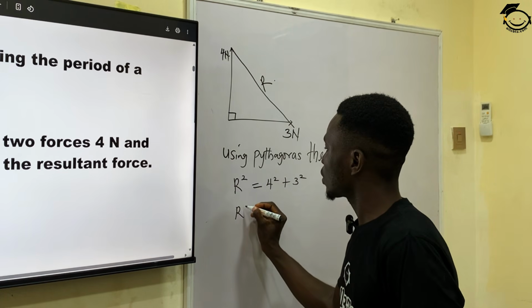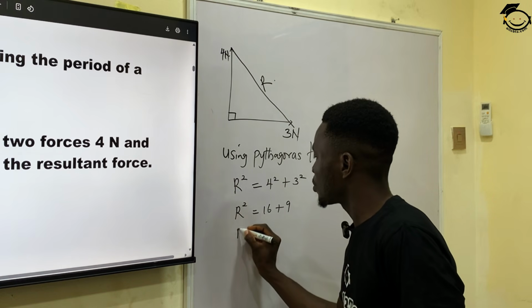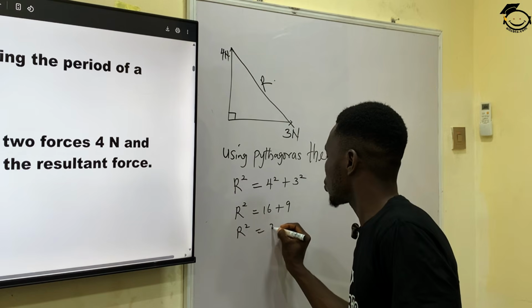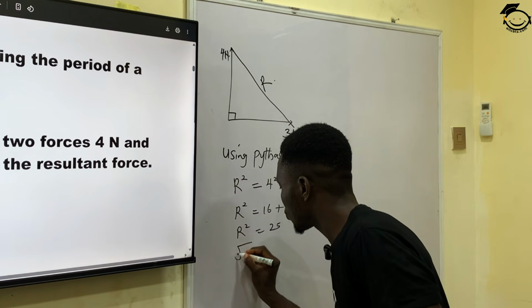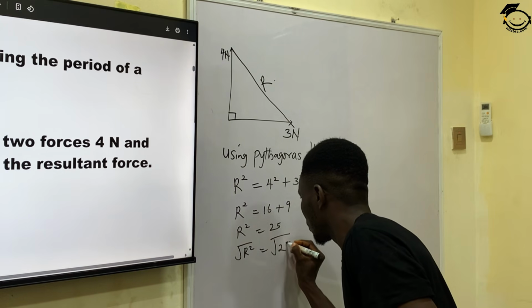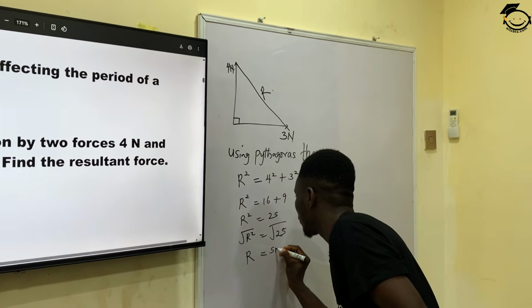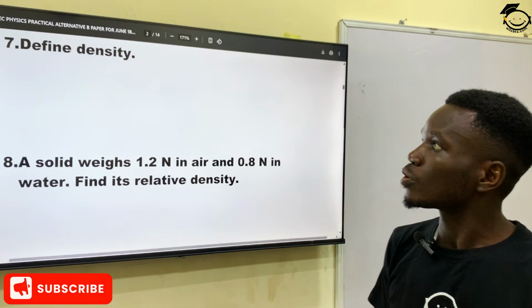So it means my resultant squared is equal to 16 plus 9. It means my resultant squared is equal to 25. So if I take the square root of both sides, it means that my resultant is equal to 5 Newton. Okay, moving on to question number 7.